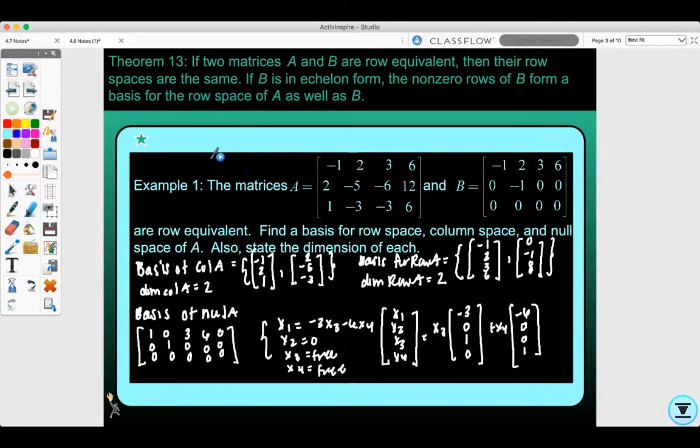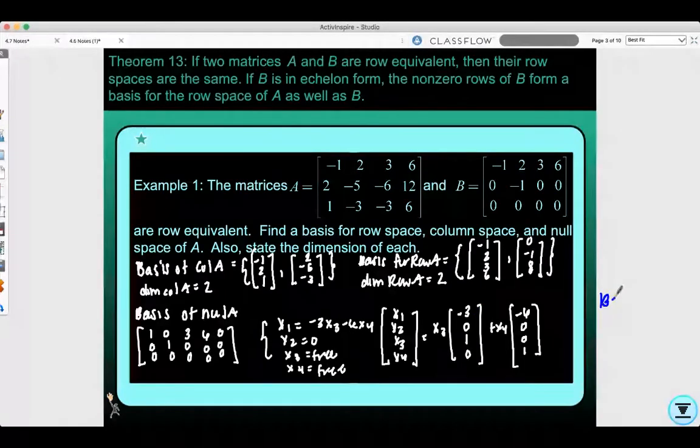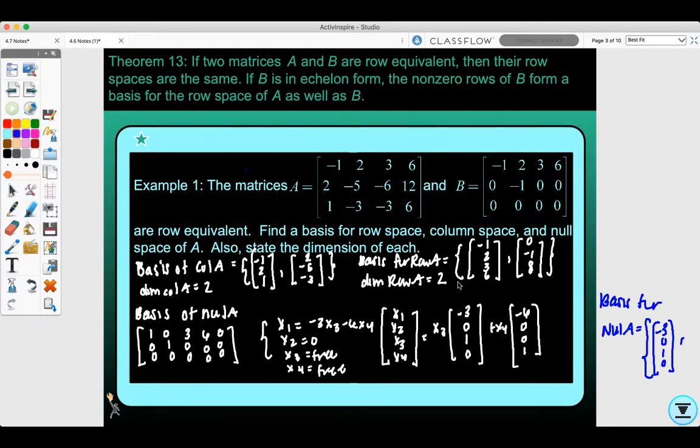So I'm going to write that right over here. And the dimension of Null A would be 2.